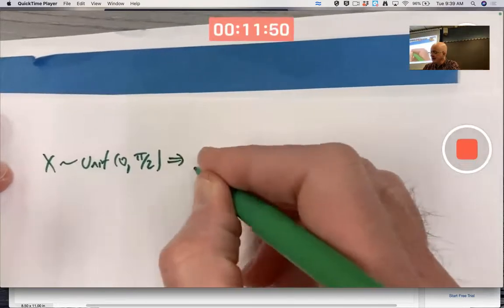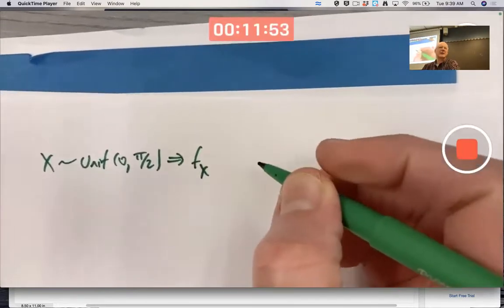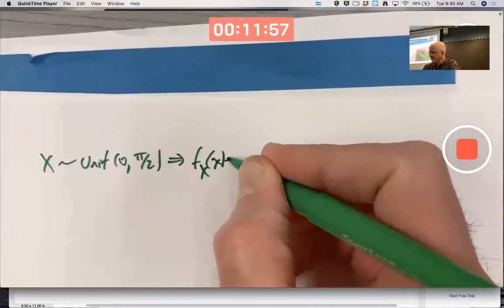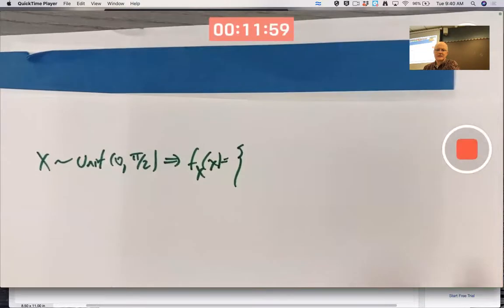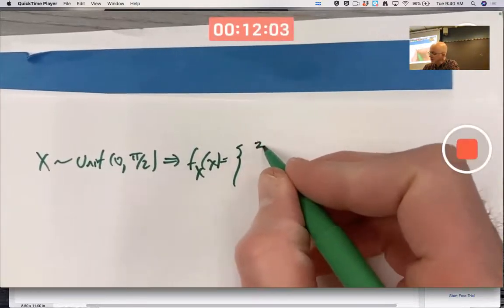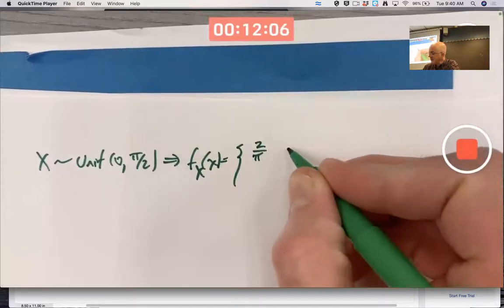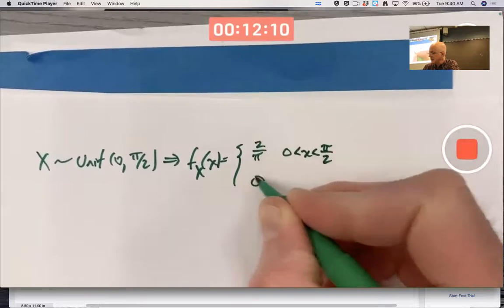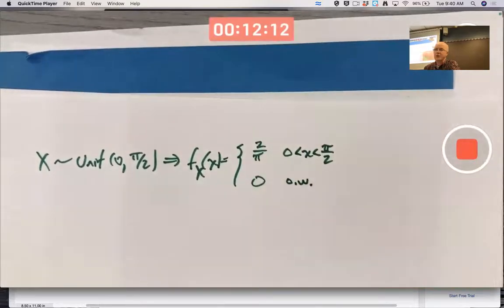And it's okay if you just wrote down the CDF right away. But if you want to write down the PDF first, piecewise function, say, that means the PDF is going to be 2 over pi when x is between 0 and pi over 2, and 0 otherwise, I'll abbreviate otherwise as just OW.